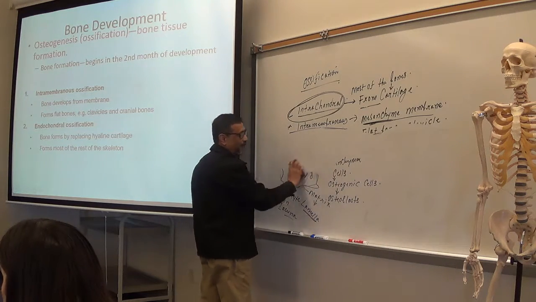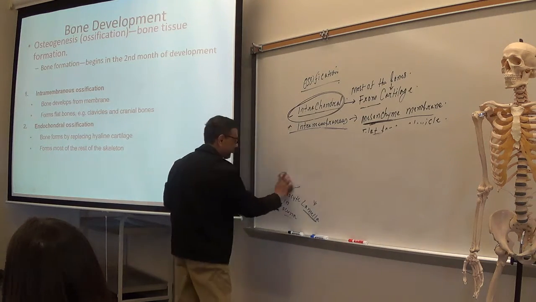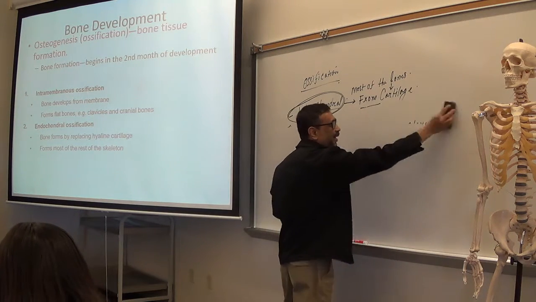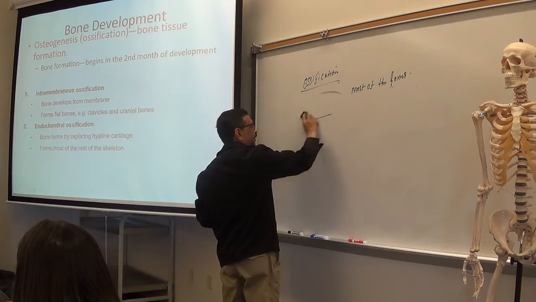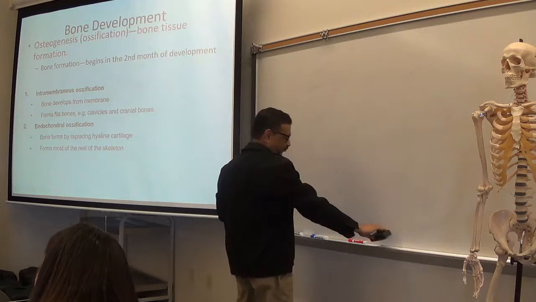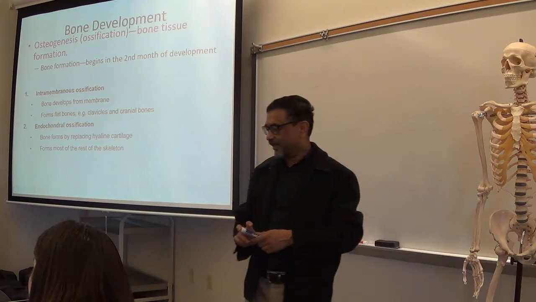Okay? So those are the two ways how the bones are formed in the body. Okay? From the fetal skeleton.